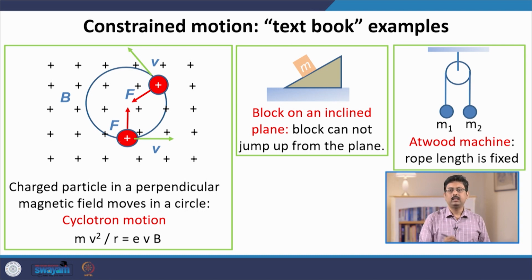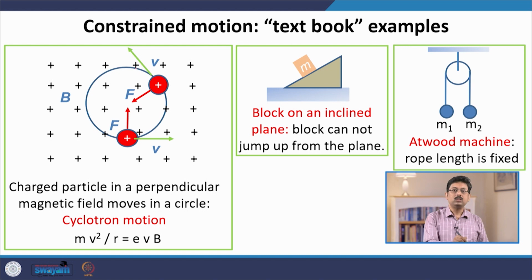From your electricity and magnetism course, you know that the Lorentz force is always perpendicular to the direction of velocity, and hence the particle will start to move in a circle, which is known as the cyclotron motion.